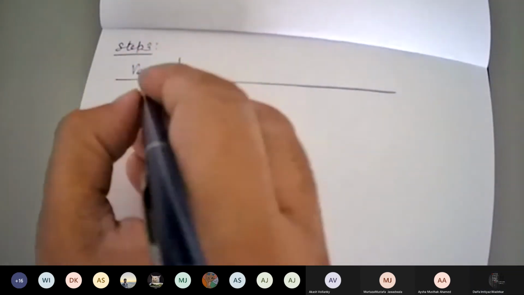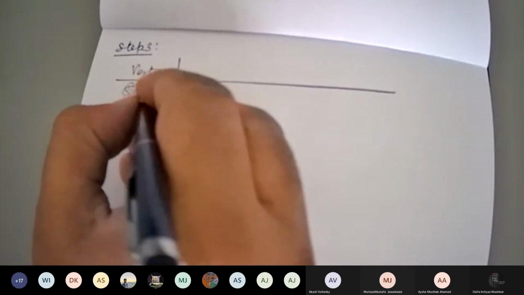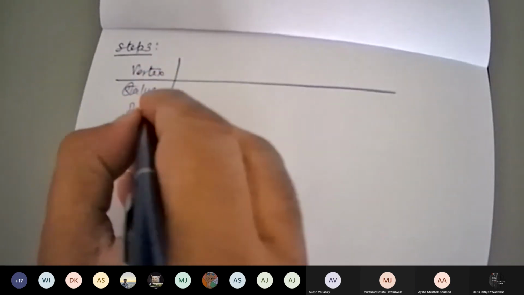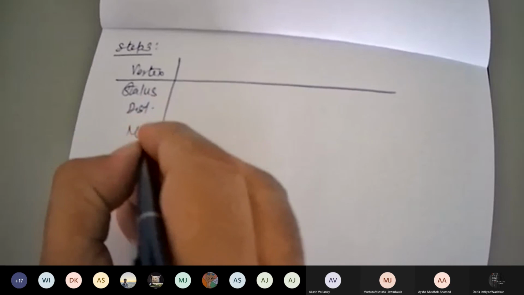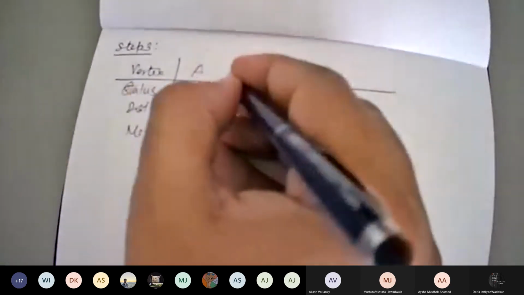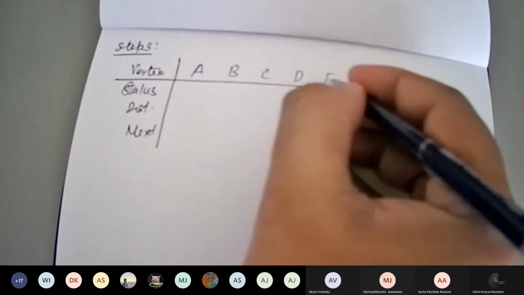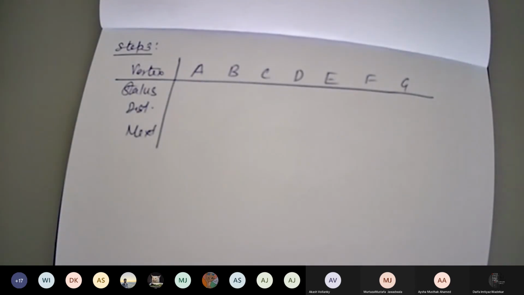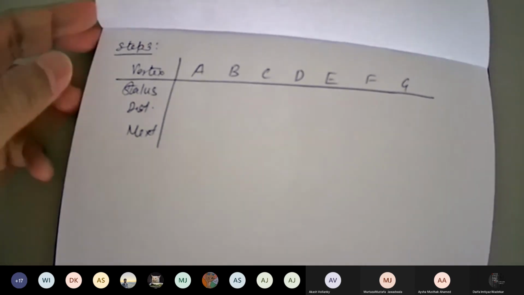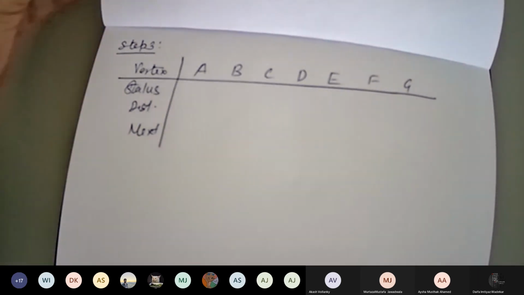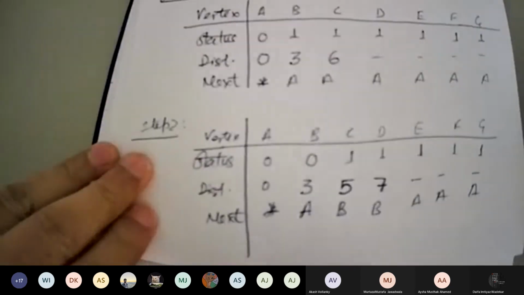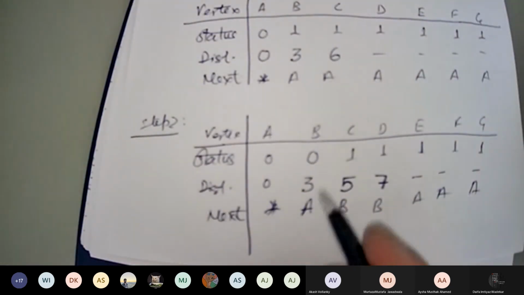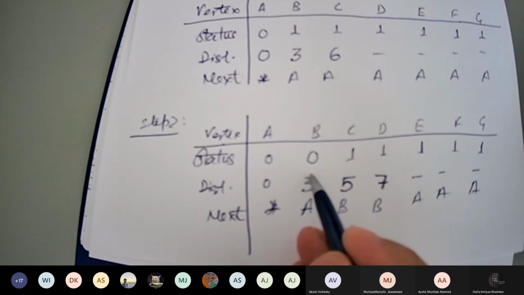Vertex, status, distance, and next A, B, C, D, E, F, G. Now tell me, whatever distance you have reached, wherever 0 is there, you will not touch that, because you have already found the minimum distance.